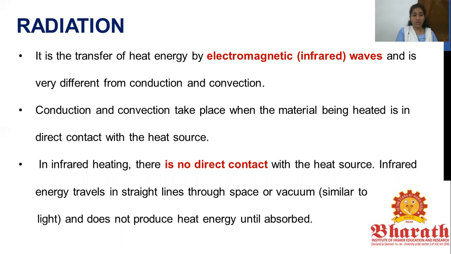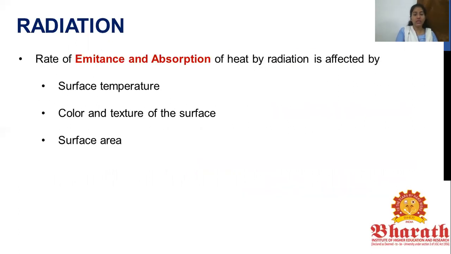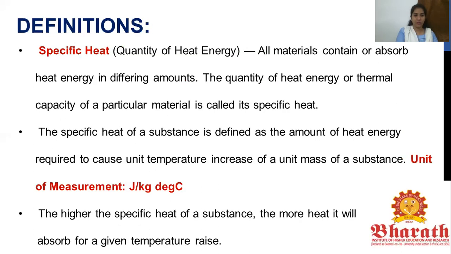The infrared energy travels in a straight line through space or even a vacuum, similar to light, and does not produce heat energy until absorbed. The rate of emittance and absorption of heat by radiation is affected by many factors: surface temperature, the color and texture of the surface, and the surface area.